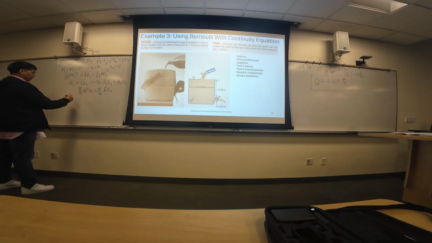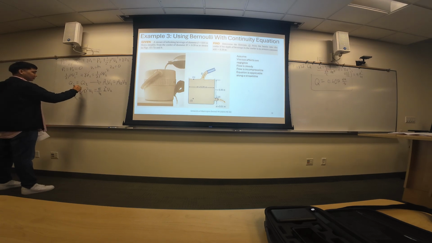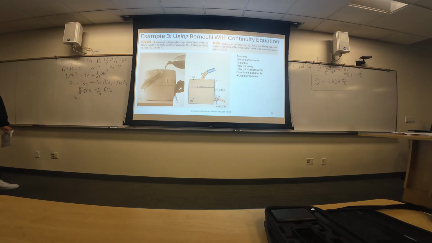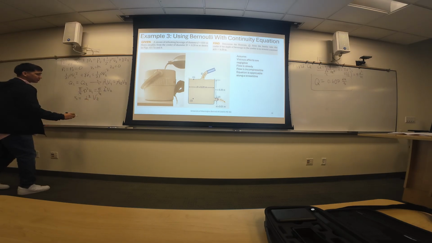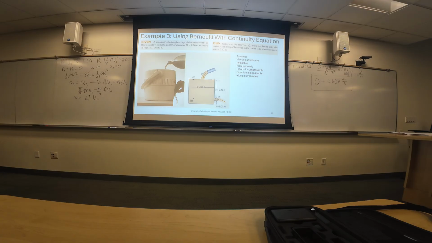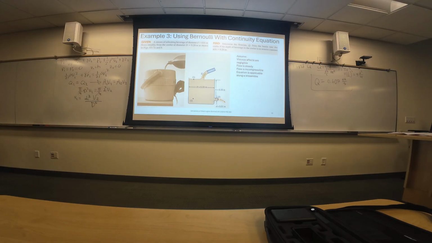So we're going to get V1, this cancels. V1 is equal to little d squared V2 divided by big D squared.